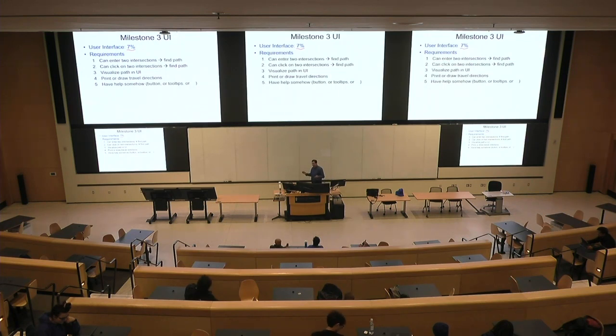You want to give them travel directions, so not just draw the path, but make some text or some icons that explain how to follow it. And we want your user interface to be essentially self-documenting. Your TA should be able to figure it out without you there, which means you should have a help button or some tool tips, some way that explains how to use this user interface and what it's doing.